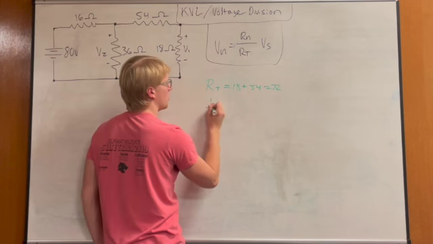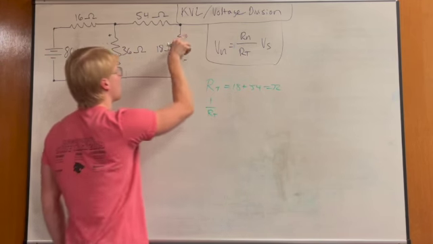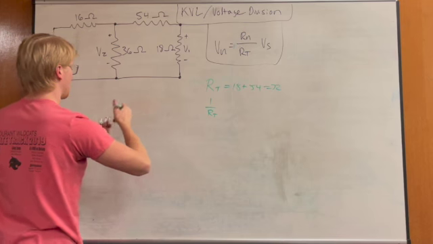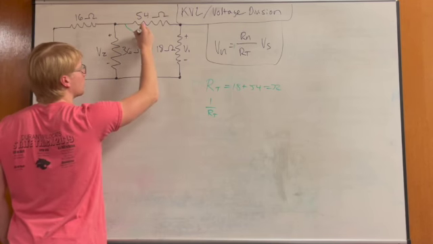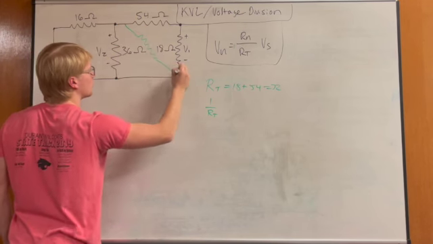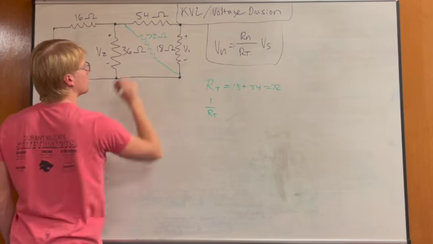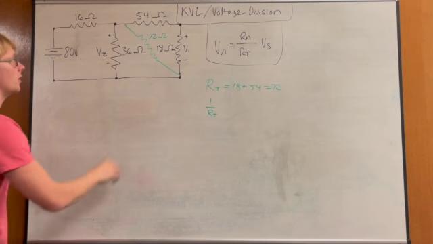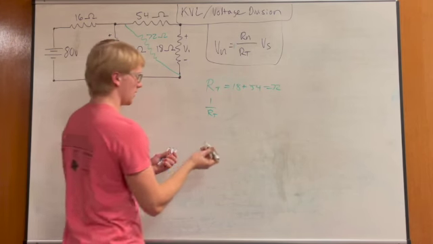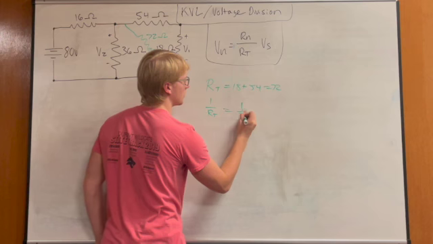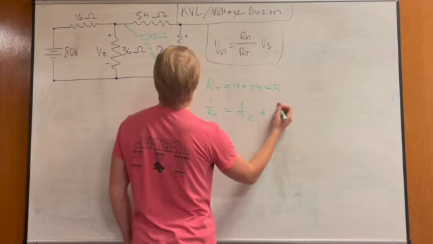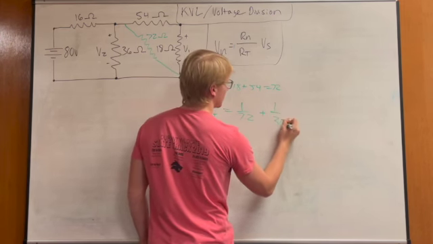Now this 72 is in parallel with this resistor. So we have to add up 1 over 72 and 1 over 36.